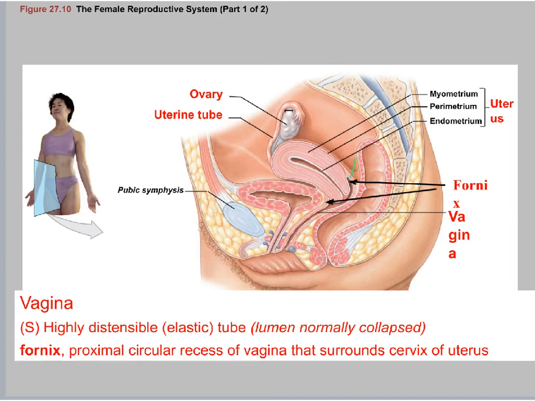So there's one, that little pouch right there, and then hiding under the tip of the arrow would be another one. And so as the head of the fetus passes through, the cervix can kind of get tucked into these fornices and give the head and shoulders of the fetus a little bit more space to pass through into the external environment.